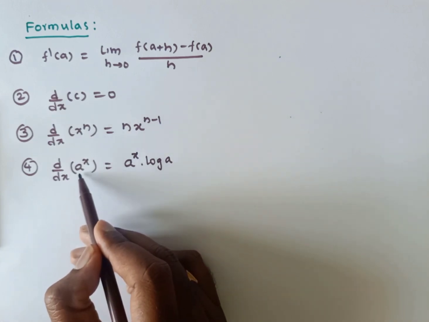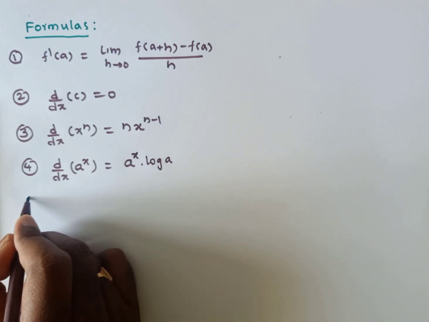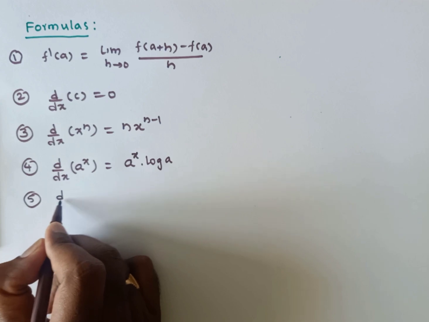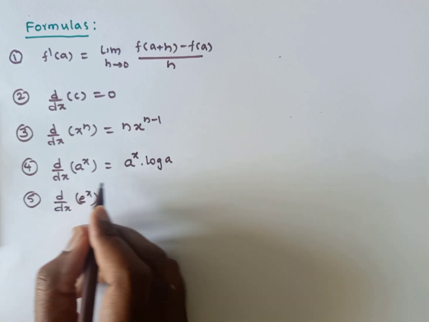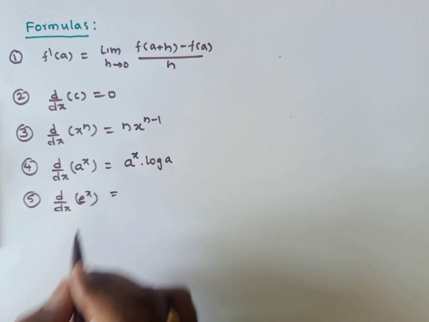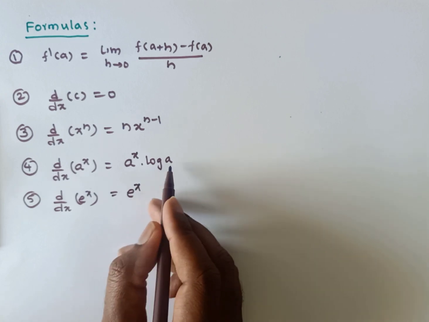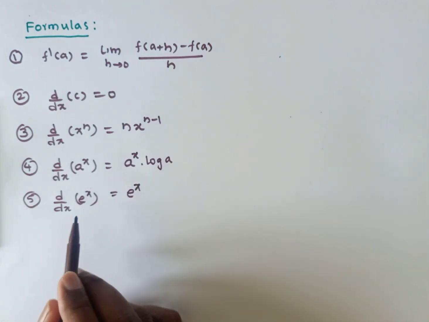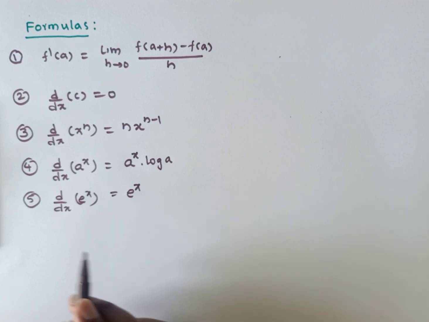Here a is any positive number and x is variable. And now d by dx of e to the power of x. Similarly, a power x into log a, instead of a we have e here. So e to the power of x into log e, and log e is nothing but 1. So therefore the derivative of e power x is simply e power x.